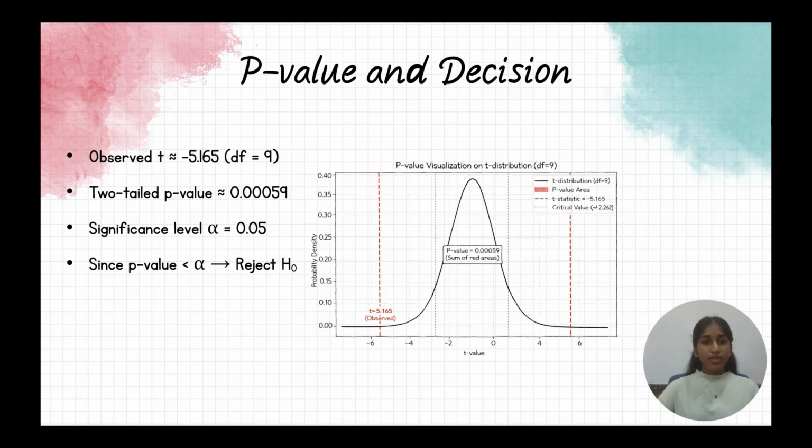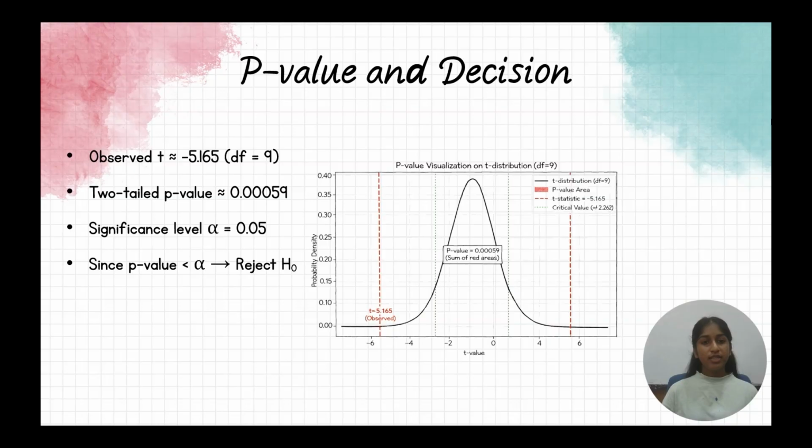This graph shows the t distribution with 9 degrees of freedom. The black curve is the distribution under the null hypothesis. The red dashed line on the left is our observed t statistic, about minus 5.165.